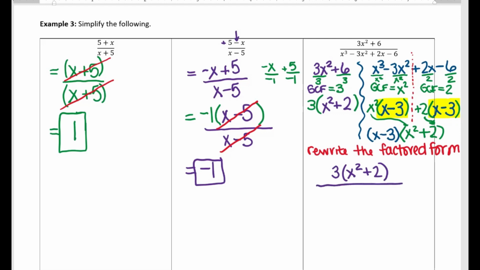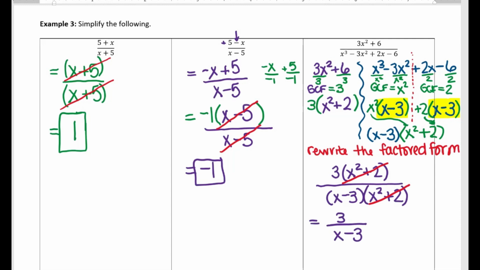In the denominator, instead of saying x cubed minus 3x squared plus 2x minus 6, we're going to say x minus 3 times x squared plus 2. And now, because everything is factored, we can go ahead and simplify or cancel out anything that shows up in top and bottom, which means that the x squared plus 2's are gone. If I rewrite this, I have 3 all over x minus 3.